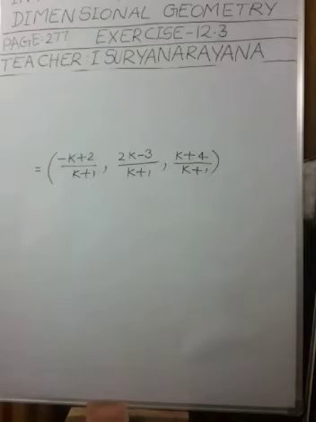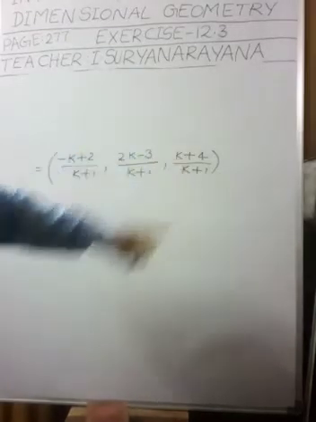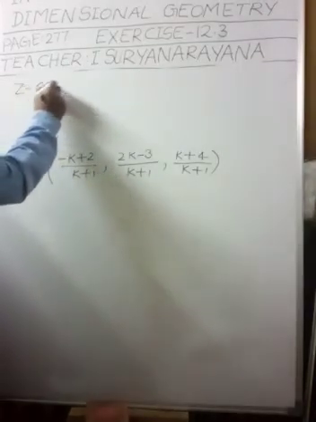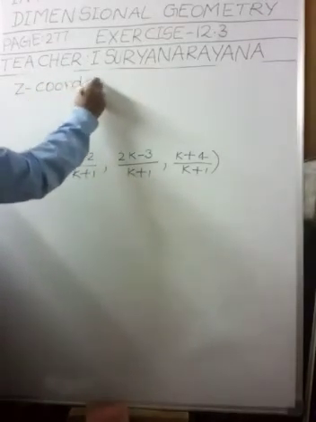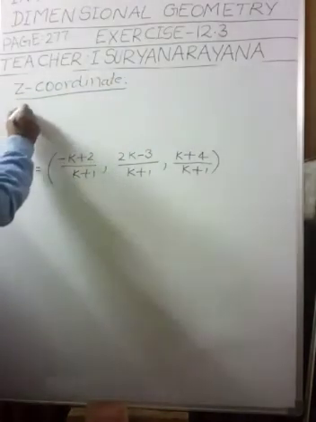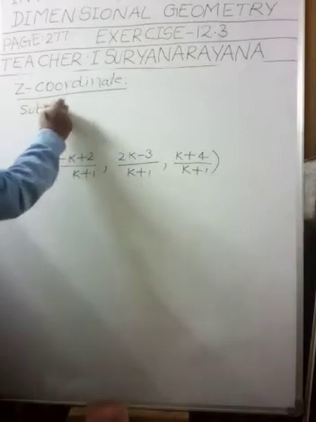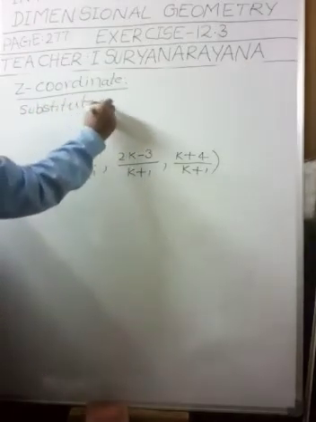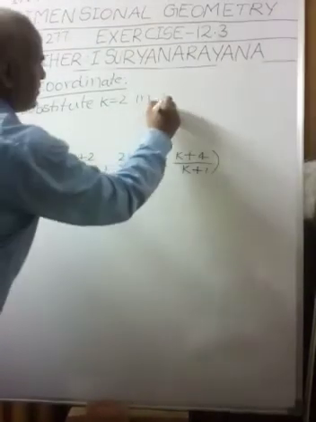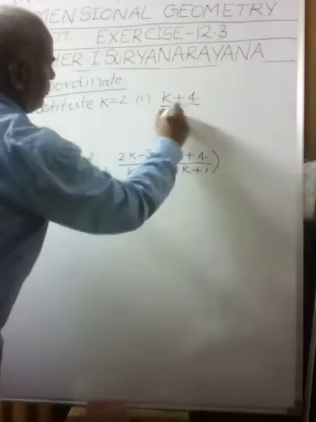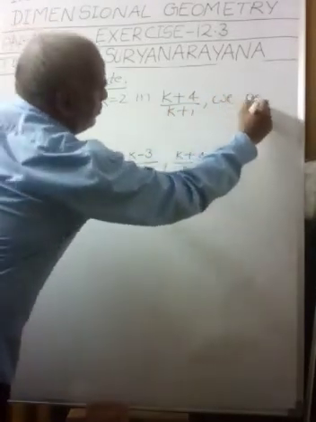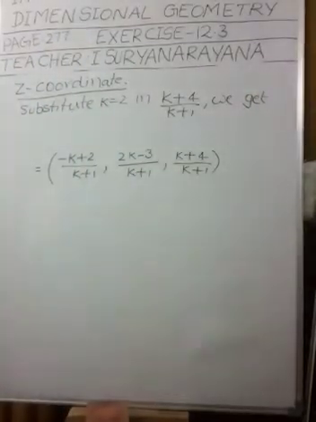Now let us substitute k is equal to 2 in the z coordinate, k plus 4 by k plus 1.